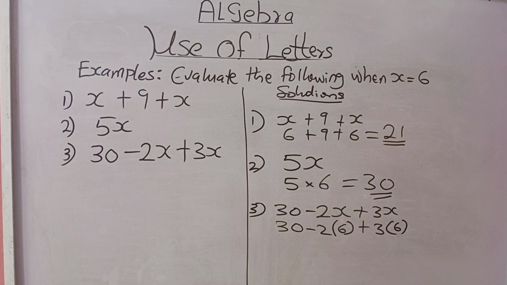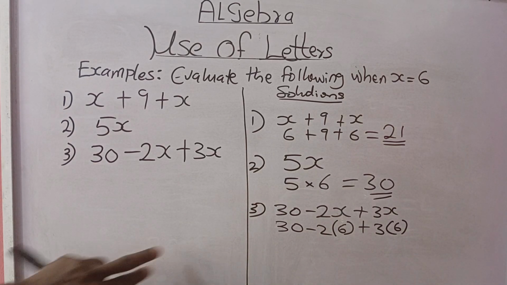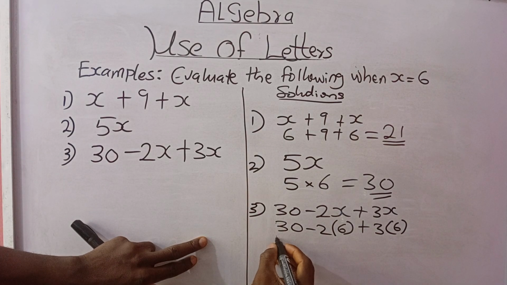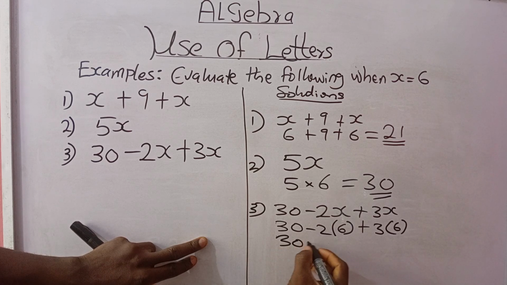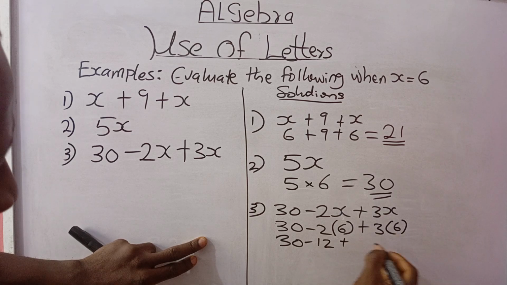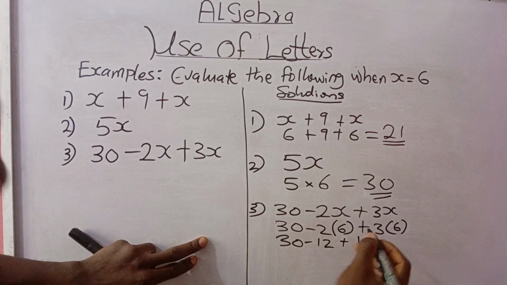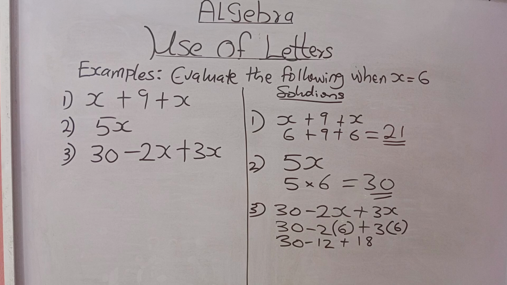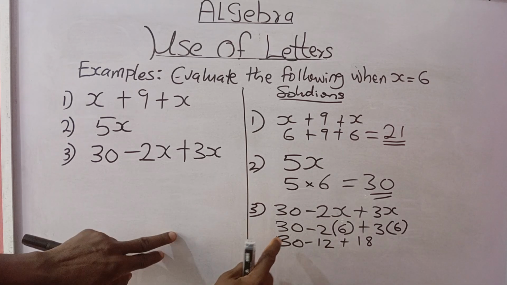All right, so let's open the bracket. That will now mean 30 minus 2 times 6, which will give us 12, then plus 3 times 6, which will give us 18. So how do we evaluate this? There are various ways through which we can do this and make the answer easy and simple.